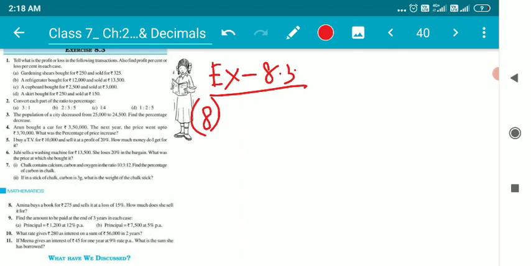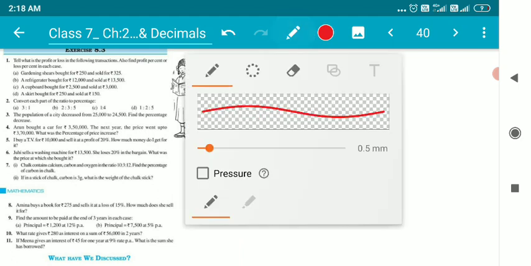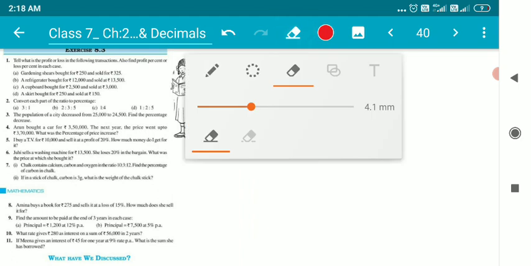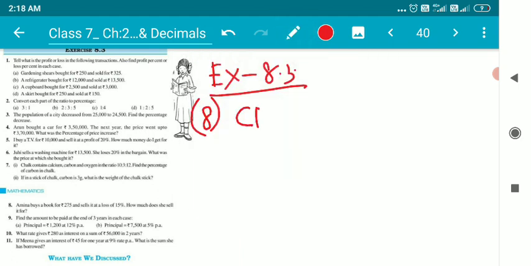Question number 8 is about Amina buys a book for rupees 275. So children, the cost price, CP, of the book is 275 rupees, and she sells it at a loss of 15%.